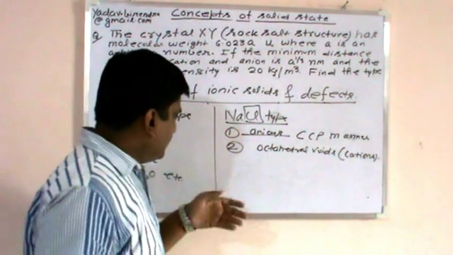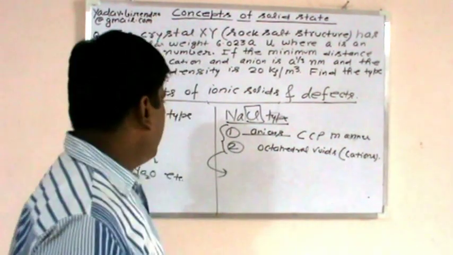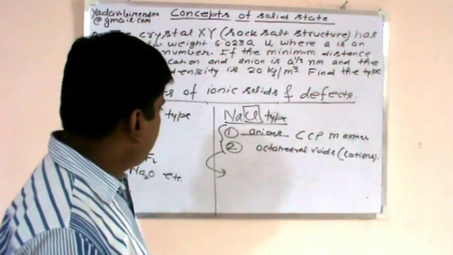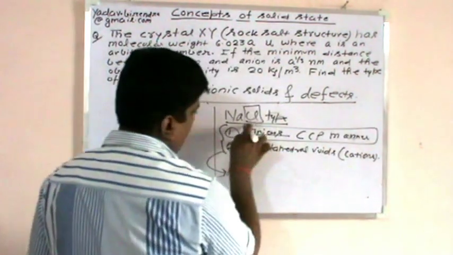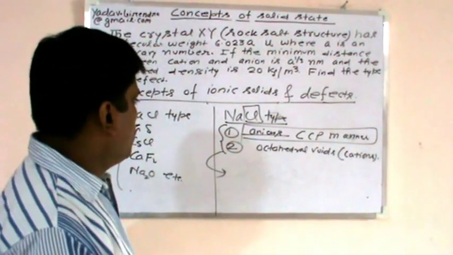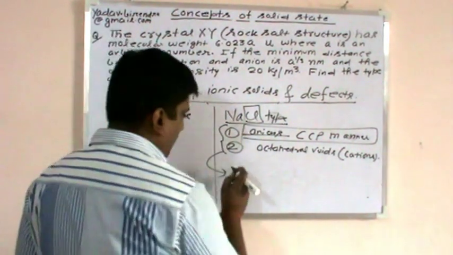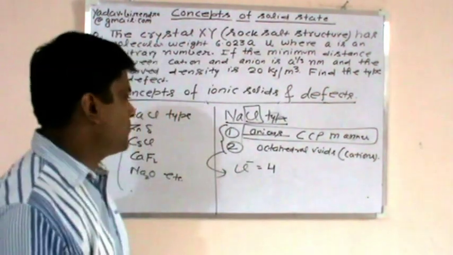Now on the basis of these two features, we can conclude certain points. Since anions are in CCP manner, the effective number of anions will be 4.